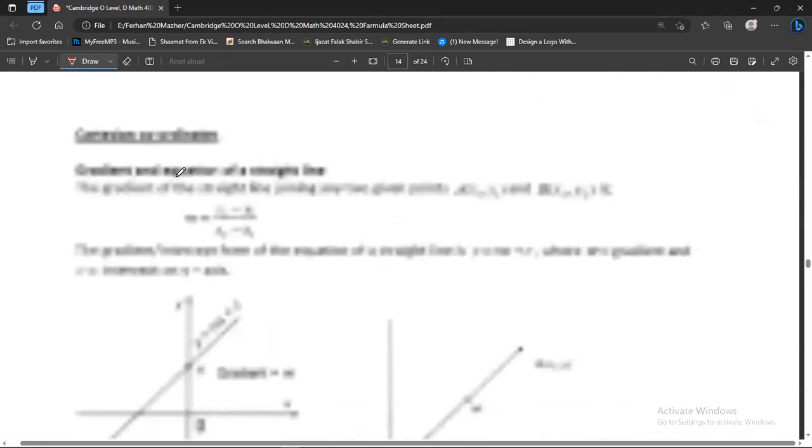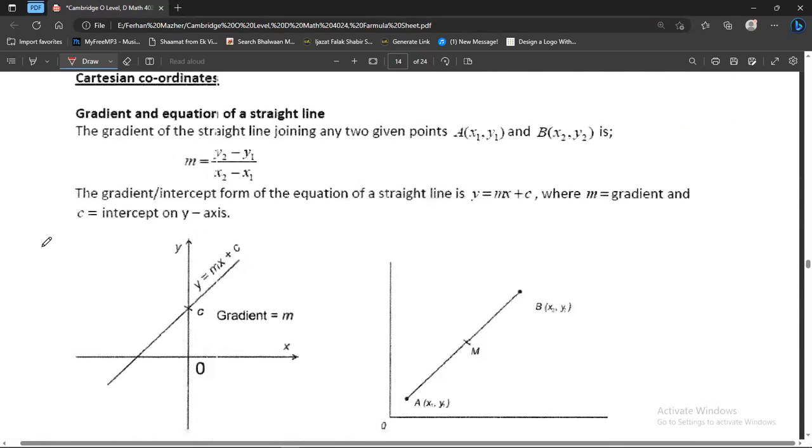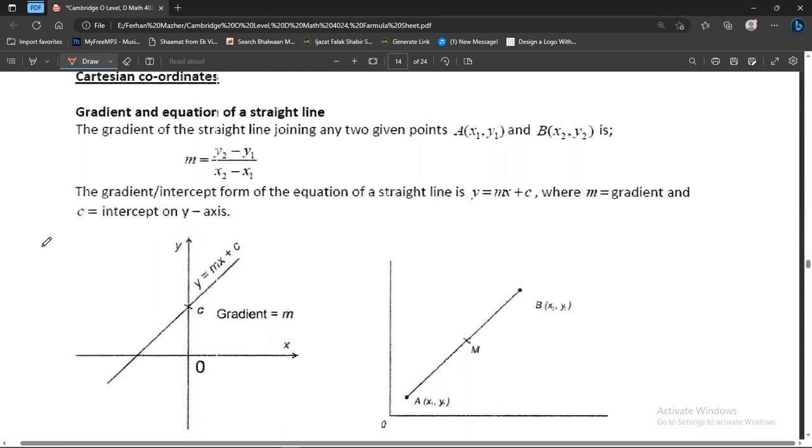So then we have here Cartesian coordinates, and the gradient and equation of a straight line. The gradient of a straight line joining any two given points A and B, if you know the two points on that line, is y2 minus y1 divided by x2 minus x1.